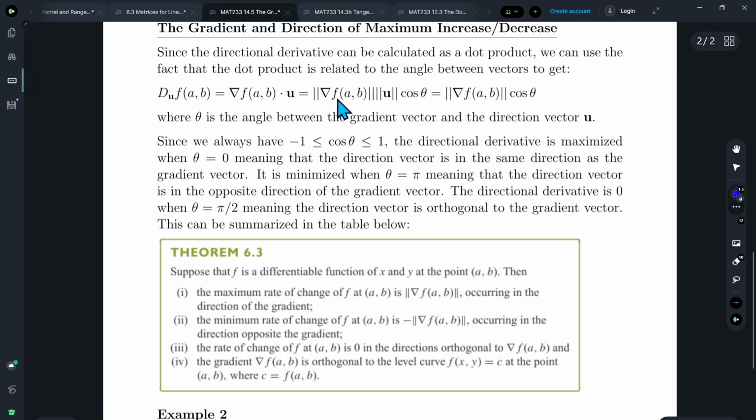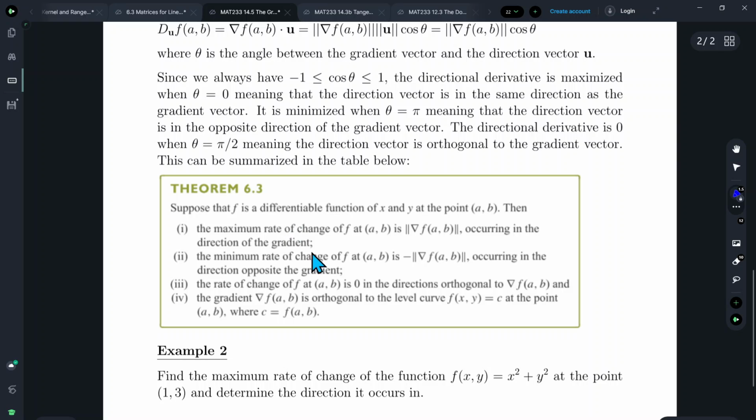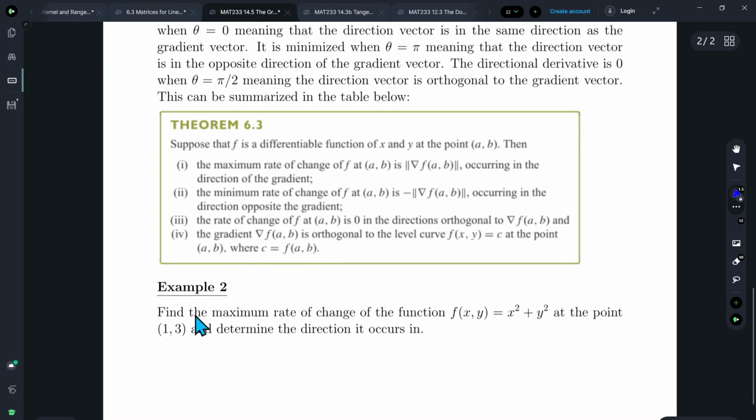Okay, so let's use this information to look at example 2. We're asked to find the maximum rate of change for this function at this point, and also to determine the direction that it occurs in.